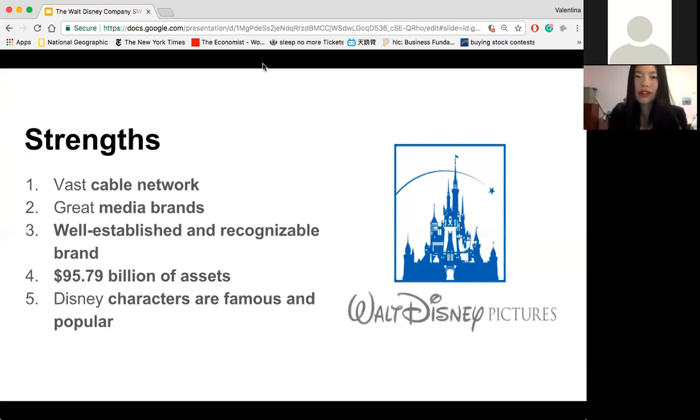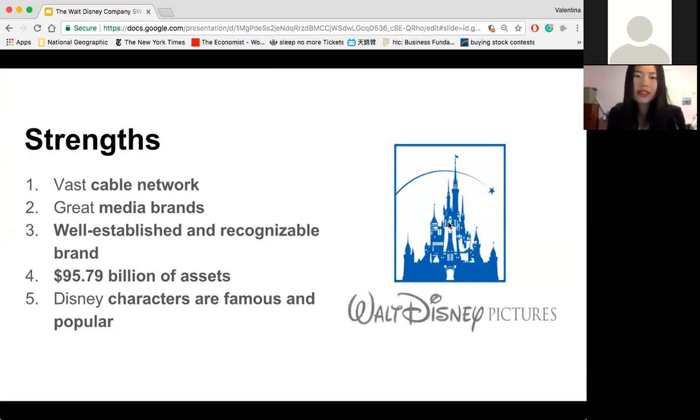They have 123 million subscribers, and that's a lot of people for them to create a huge margin and generate huge revenue every year. Some of their other strengths also include the media brands, and it's a very well-recognized brand. Anyone who looks at this logo can see, oh, it's Disney.